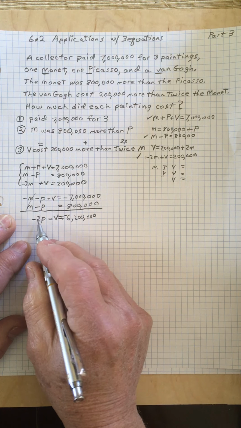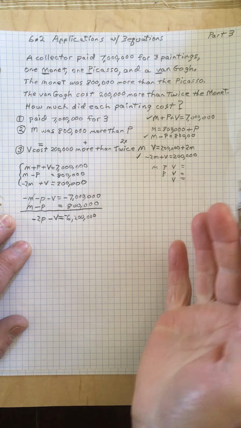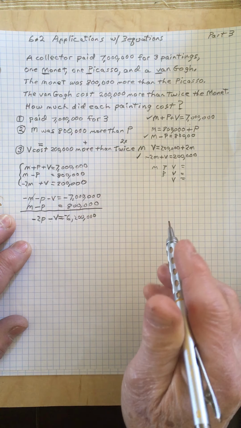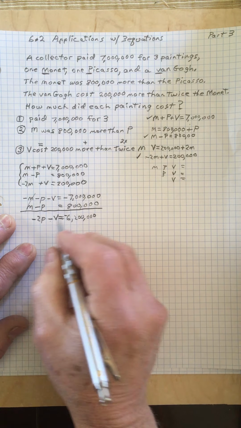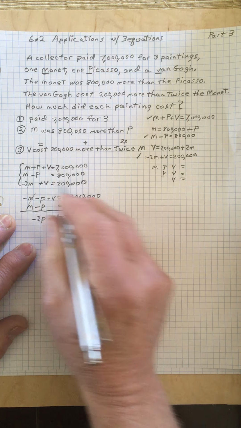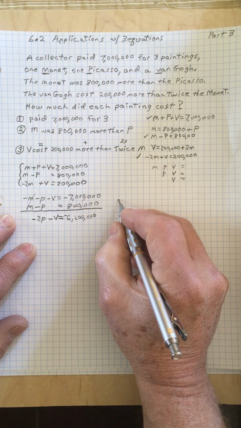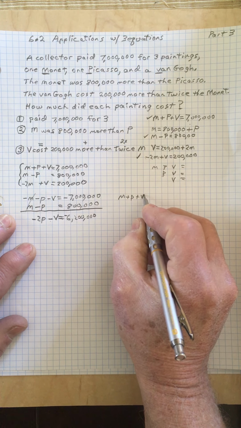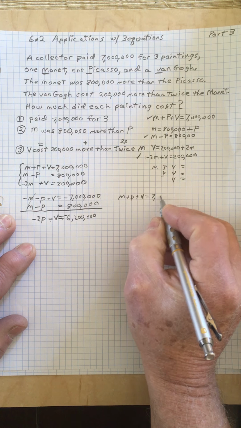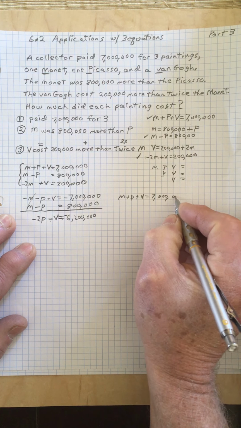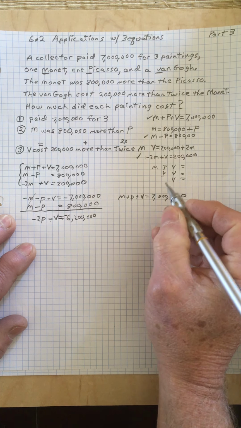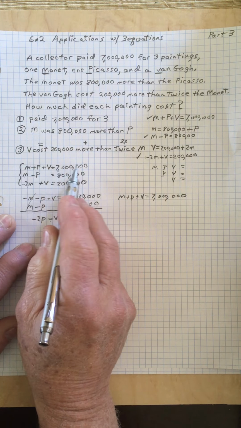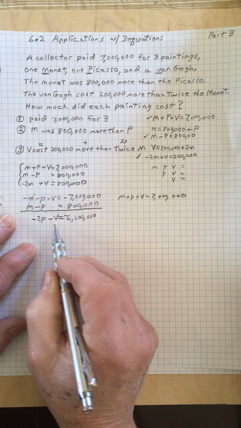Now, I'm going to go ahead and make these all positives. You can do whatever you want with the equation. So for my final second equation, let me rewrite this over here. Here's our original, so we want to keep that. And then I multiplied by minus 1, added it to this, got this.